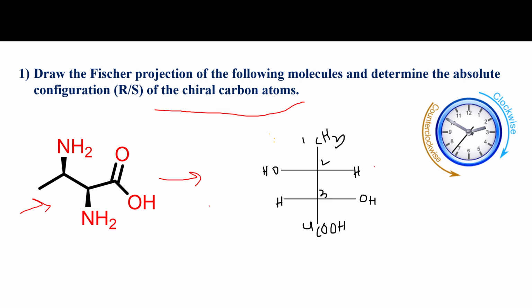If you want to draw this molecule and you view it from this direction, at the first carbon, this will be the first chiral center, this will be the second chiral center, and this will be the third.